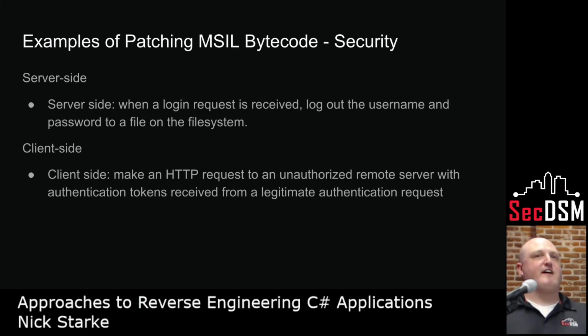What happens if I've modified that client-side .NET application to send that session token to a third server, an attacker-controlled server that I control? I've essentially stolen your users' valid login sessions at that point, and I can do whatever they can do.